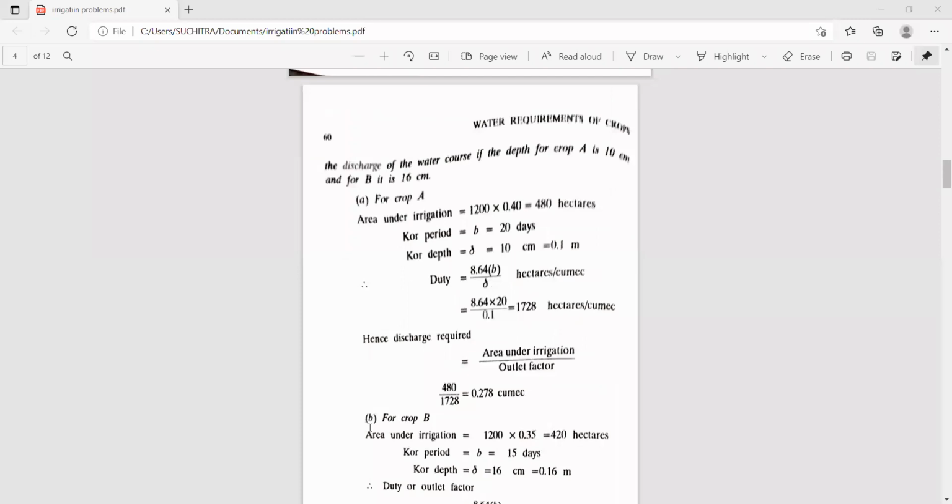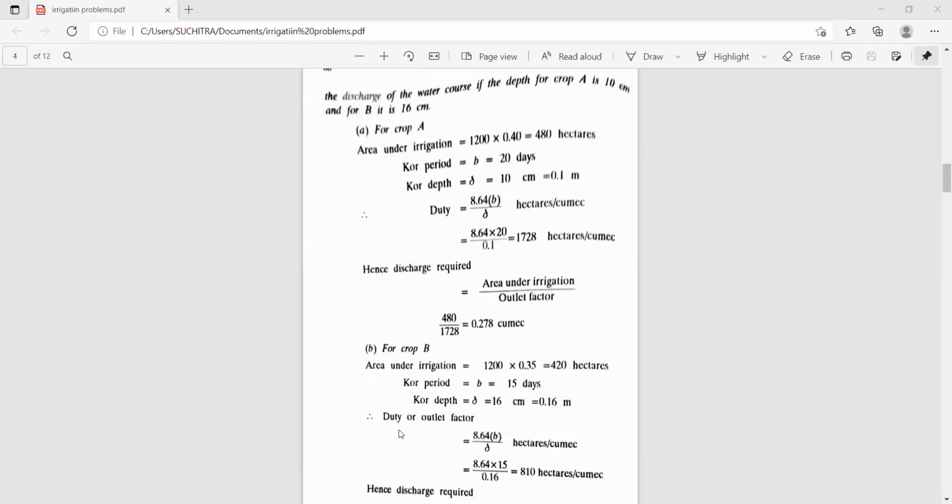Now similarly for crop B, the area under irrigation, that is the culturable area multiplied by the intensity of irrigation, works out to be 420 hectares. And the core period for B is 15 days. In crop A the core period is 20 days, and for crop B it is 15 days. And the core water supplied is about 16 centimeter or 0.16 meter.